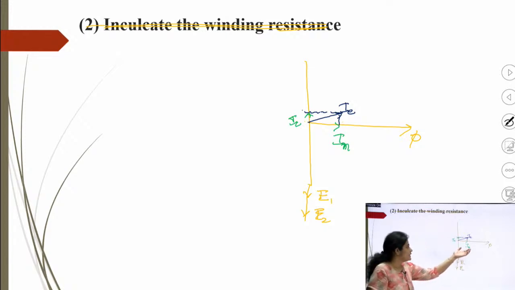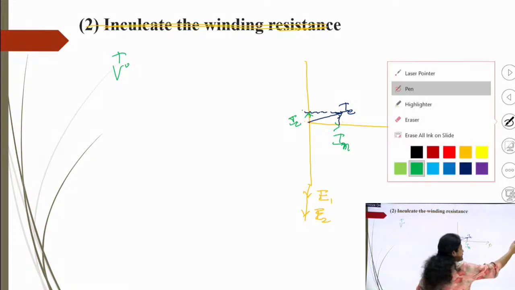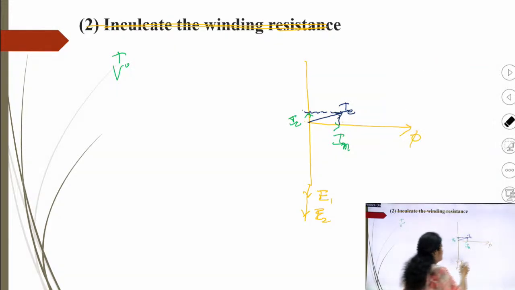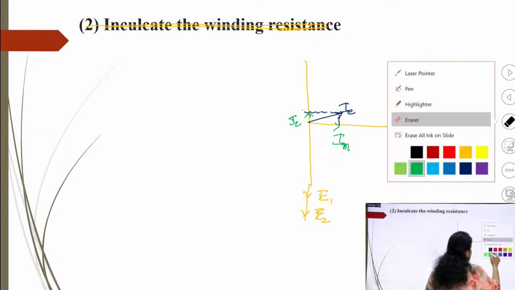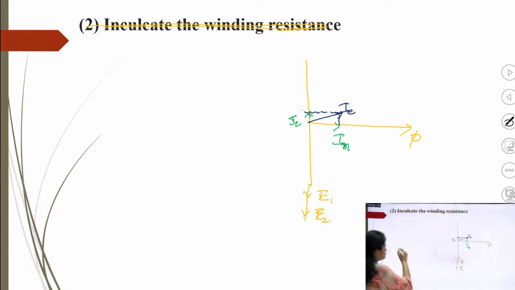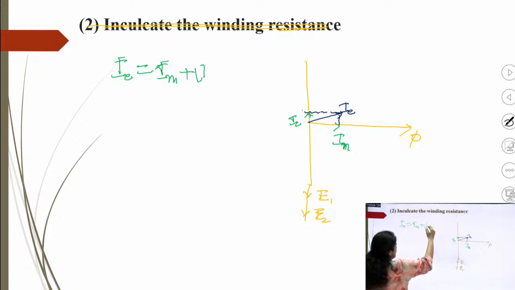So, I can be written as the phasor sum of IM plus IC, right.